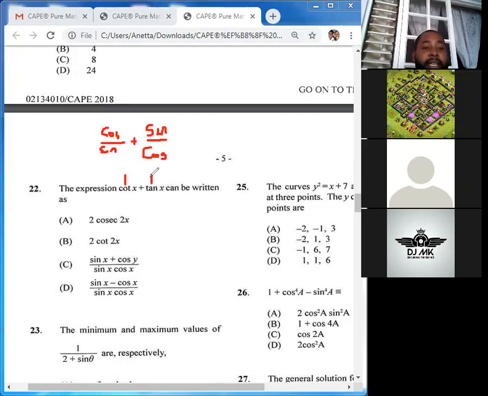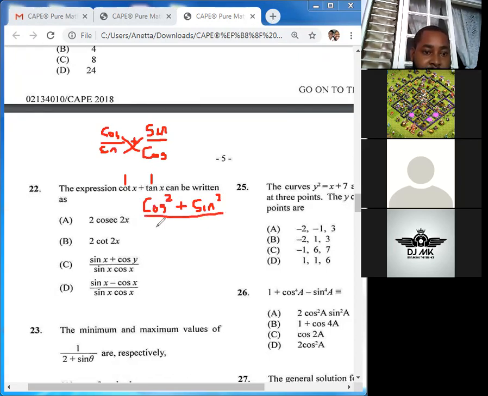So when you add these, just like how we generally add fractions, you crisscross, so cos times cos is cos squared, remember the x is always there, and then sine times sine, that is plus sine squared. And the denominator is going to be sine times cosine. So it's going to be all over sine times cos.